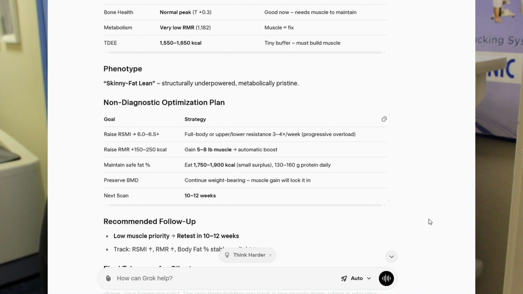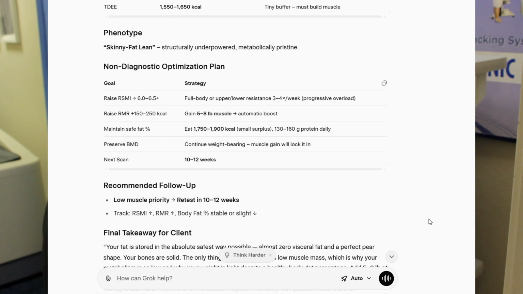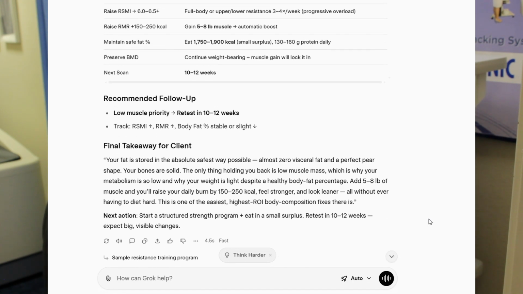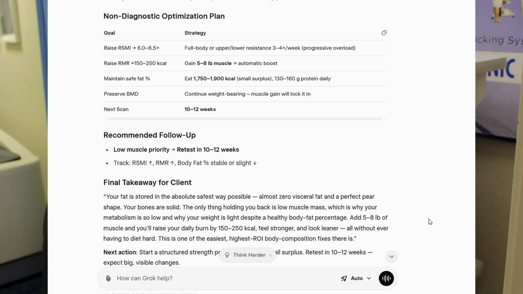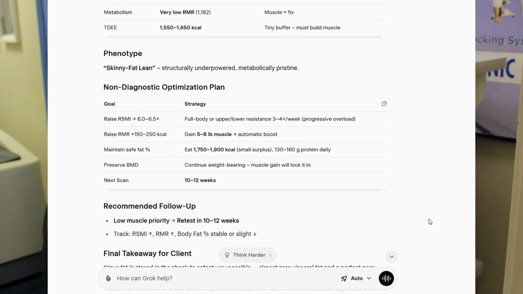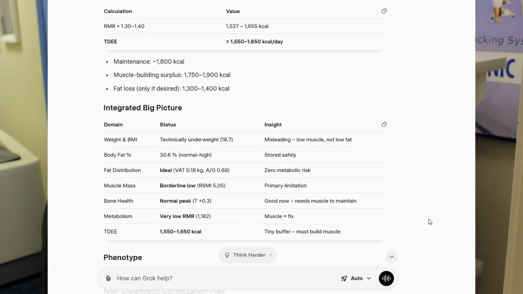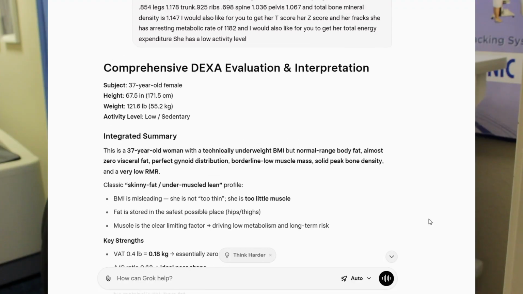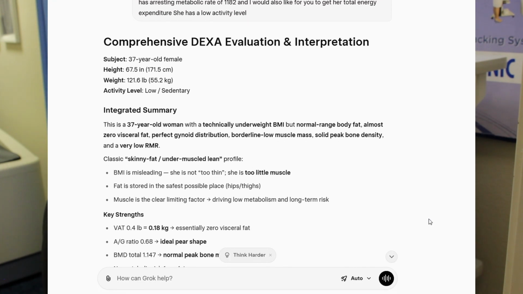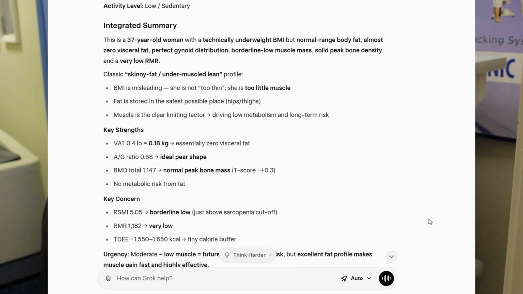So you can see good BMI, high body fat. It's usually lack of muscle. And you can see all the metrics. These are awesome. I mean, it just does a great job really breaking it down.